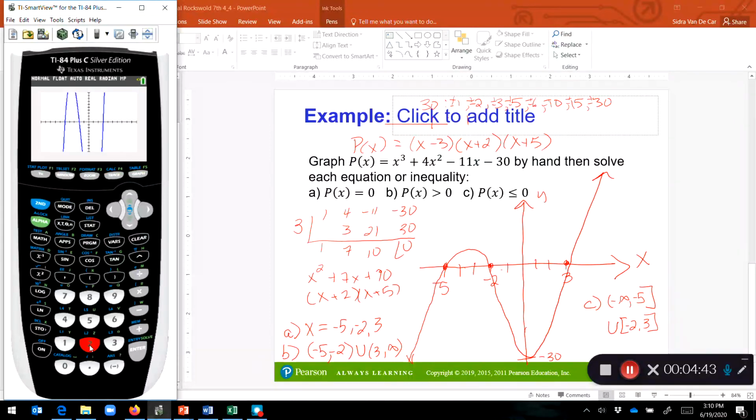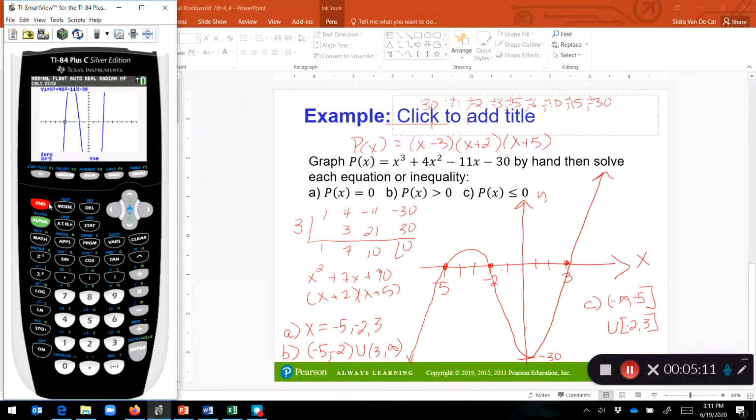Option 2 is your zero. Give it a left bound, so I want to move until my cursor is blinking left of that first zero. And I see it over here. So enter. Now to the right of that first zero, enter. And then give it a guess to start approximating, and it tells me that that zero is at negative 5, the first one that we found here.